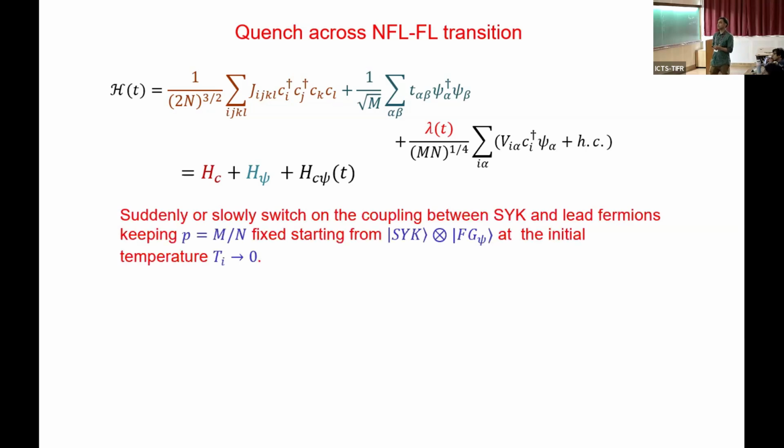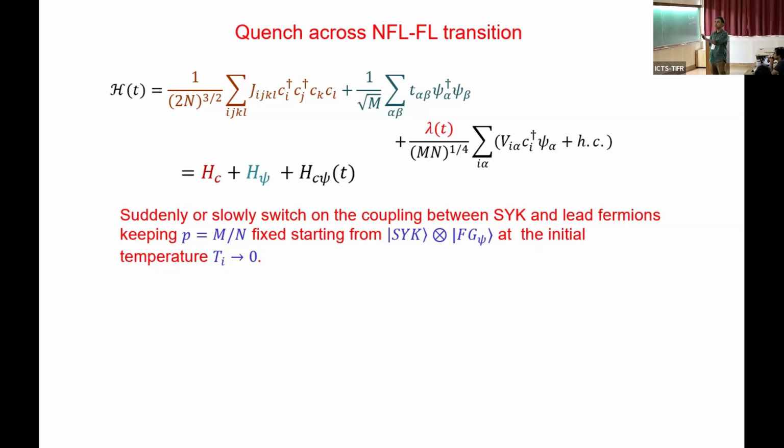And what we are going to start with is a state which is a product state of an SYK non-Fermi liquid with a Fermi liquid of this non-interacting gas. And then I am just switching on these couplings. Very similar, in a much more sophisticated setup and questions, I think Spenta and Gautam have also worked on, and they have looked into beyond large n.